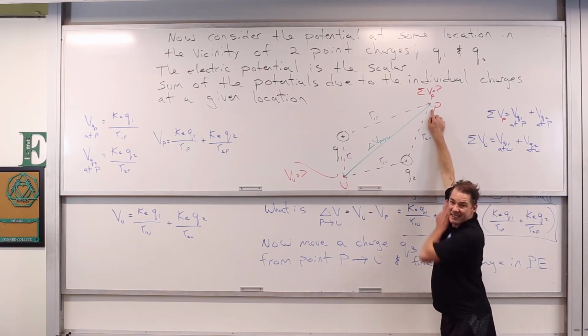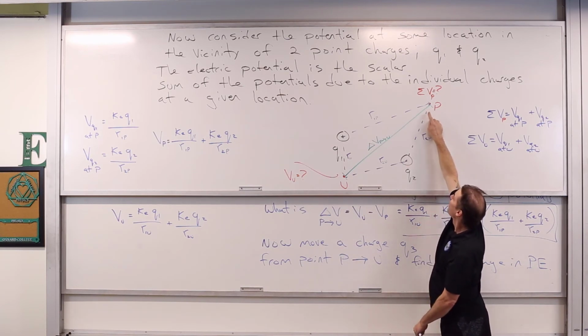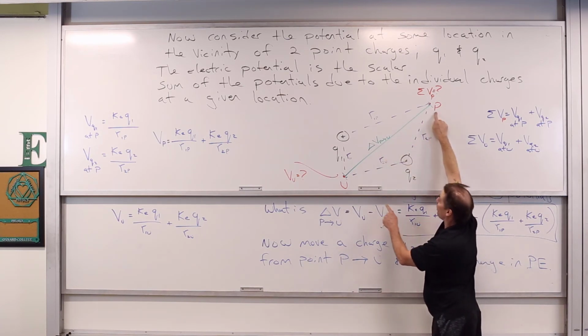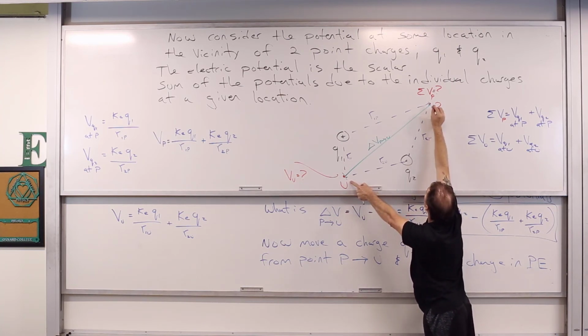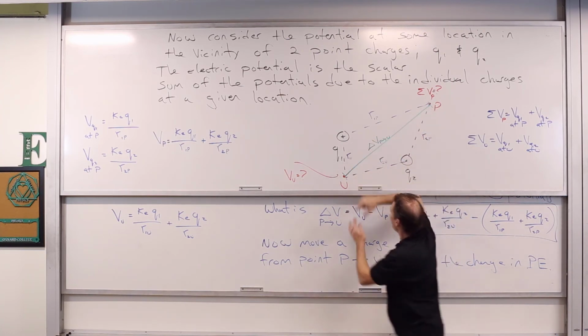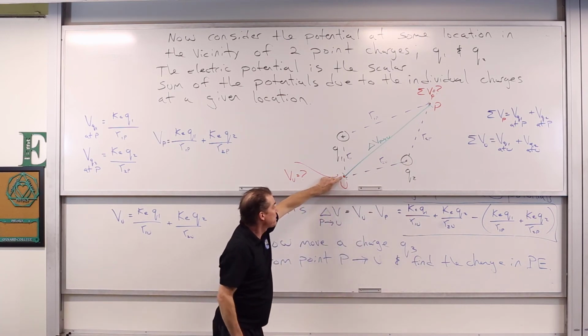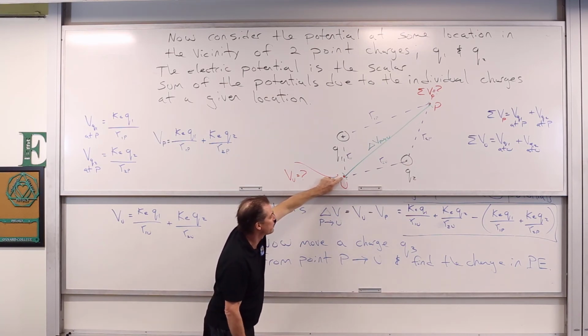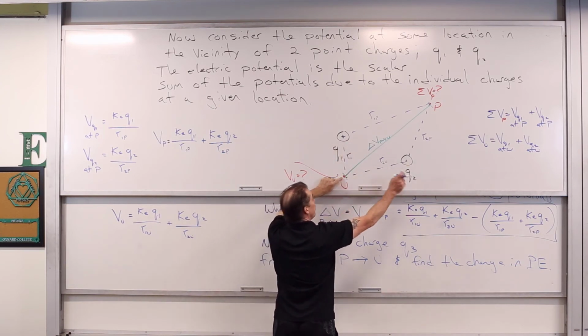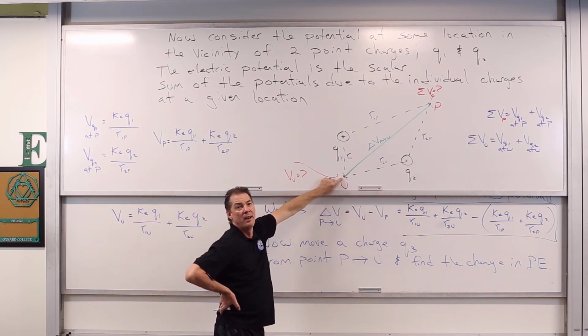Well, but since this is a charge that we're moving, while we're moving it, the potential both here and there are both changing. But by the time we move it from here to there, when we put it right there, what's the potential at point U now when Q3 is right here? The potential due to Q3 at that location is, again, undefined. Thus, the potential at U, once Q3 is there, is still just the potential due to Q1 and Q2.